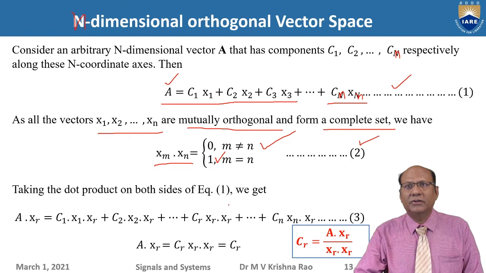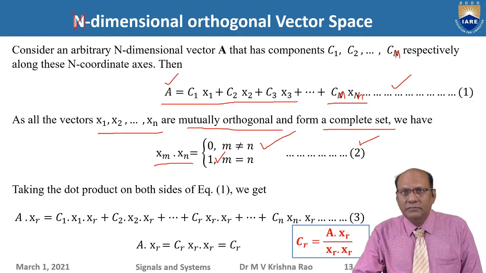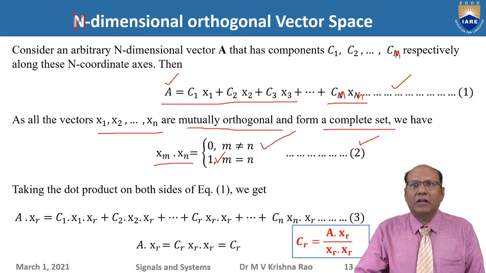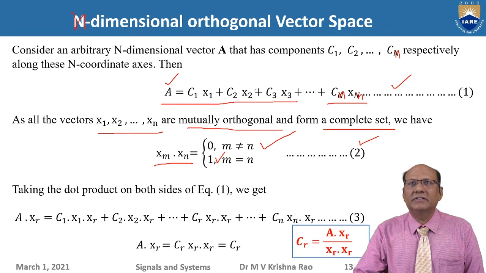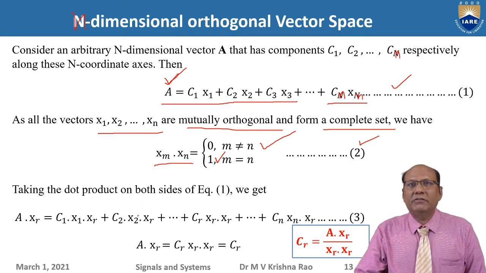Let us continue with the next equations. What I am doing here is taking the dot product on both sides of equation 1. On both sides, I take the dot product with xr. Here r is some dimension between 1 and n.